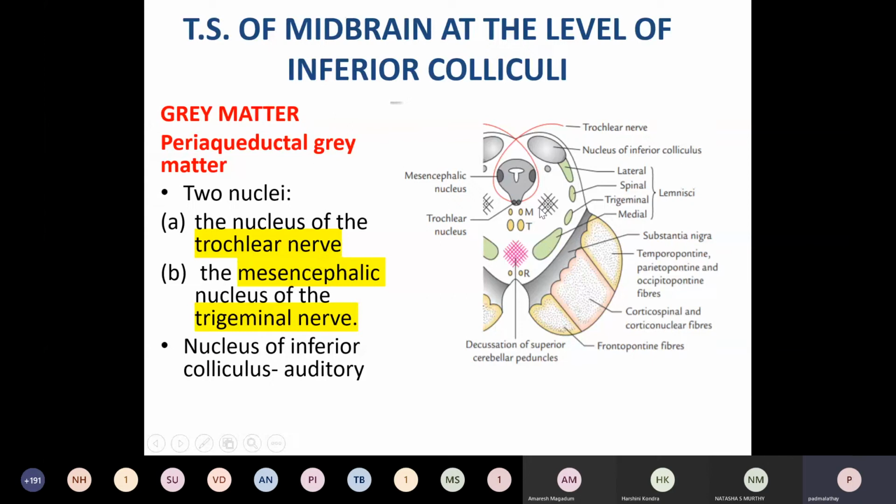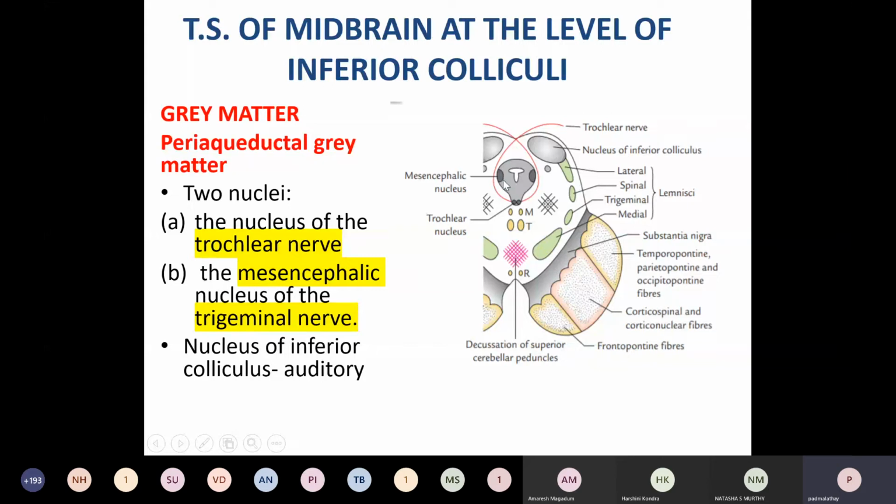In this tegmentum part, the gray matter contains the mesencephalic nucleus and the trochlear nucleus, and these nuclei are present surrounding the cerebral aqueduct. There is a gray matter which is called periaqueductal gray matter. Located within the periaqueductal gray matter, there is the nucleus of the trochlear nerve and the mesencephalic nucleus of the trigeminal nerve.